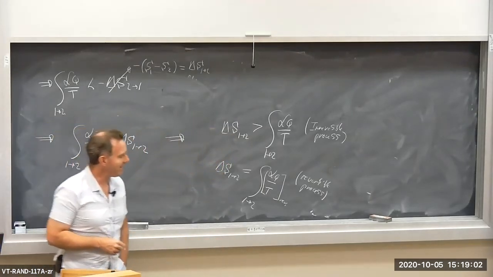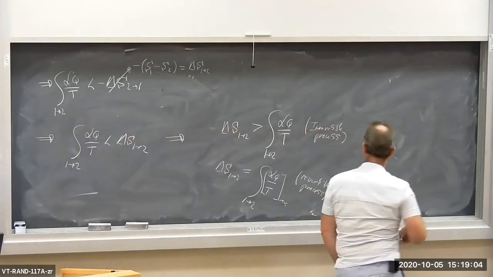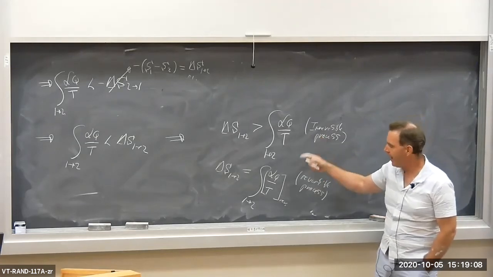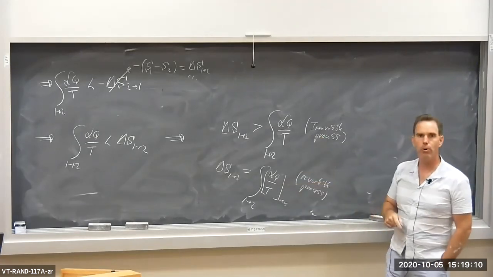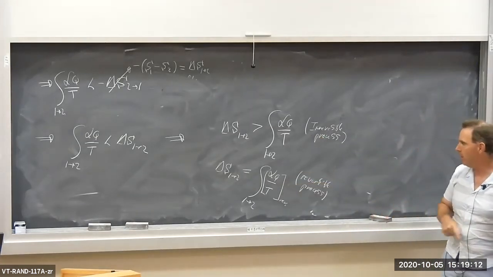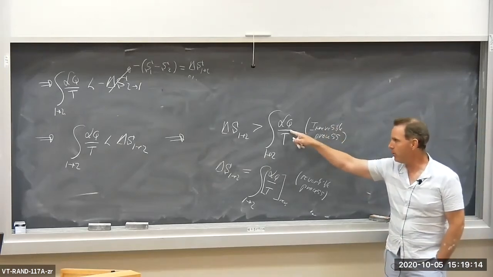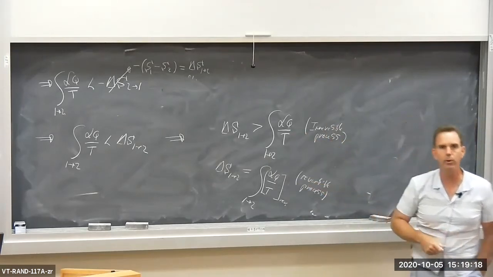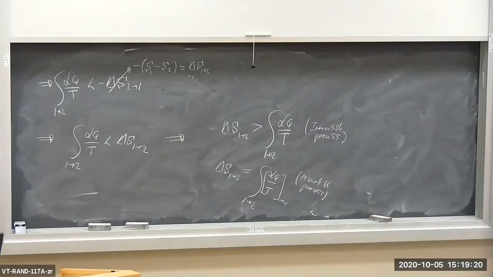So this quantity, delta S, is greater than this integral if it's an irreversible process and equal to the integral of del Q over T for a reversible process.